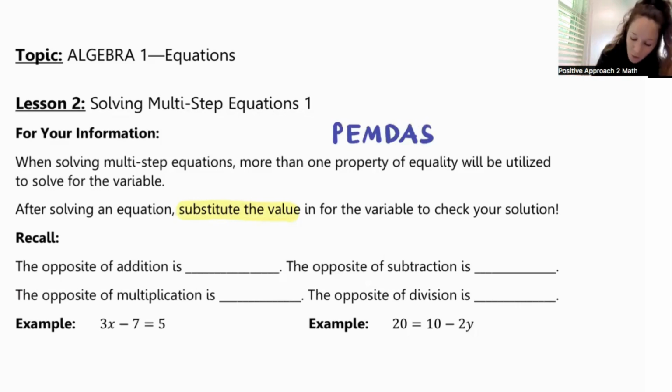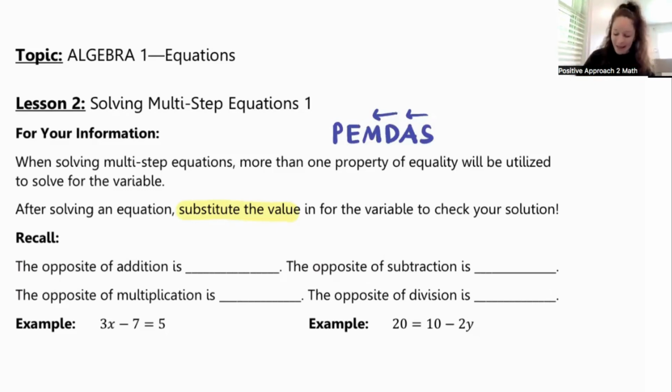We're kind of going to work in this order for those two things 95% of the time. So you're going to use your addition or subtraction property of equality first, and then you're going to finish up with your multiplication and division property. A lot of times people will say you're kind of working backwards from that order of operations.